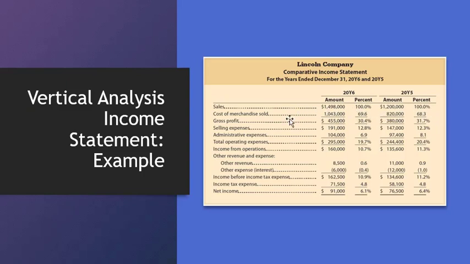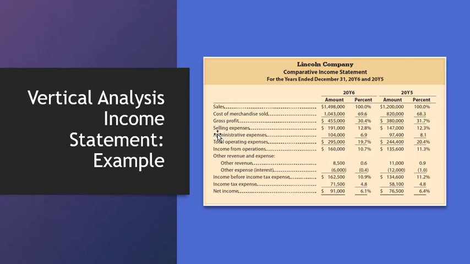As a percentage of sales, our cost of goods sold went up. It was only 68.3% in year 5. Now it's 69.6%. So what that tells management is maybe we've got some room for improvement there. Our cost of goods sold this year is a bigger percentage than it was last year. So maybe our production cost went up. Maybe we need to reevaluate our supply chains, whatever the case may be.